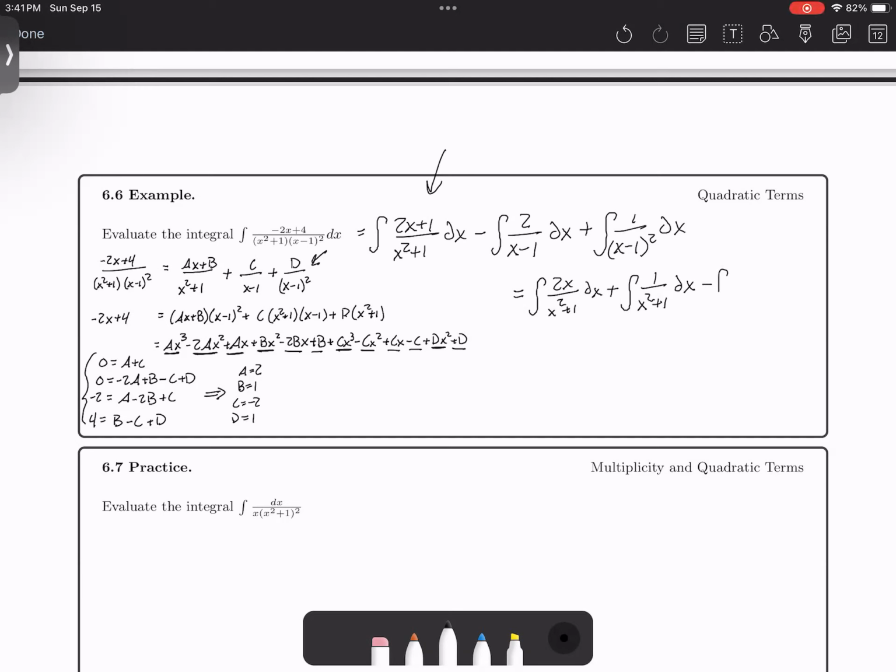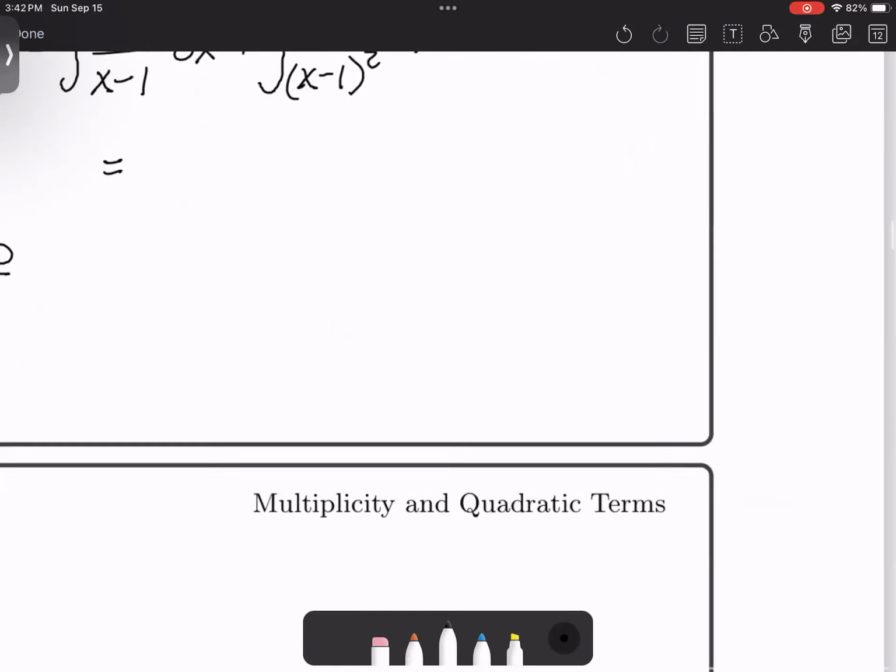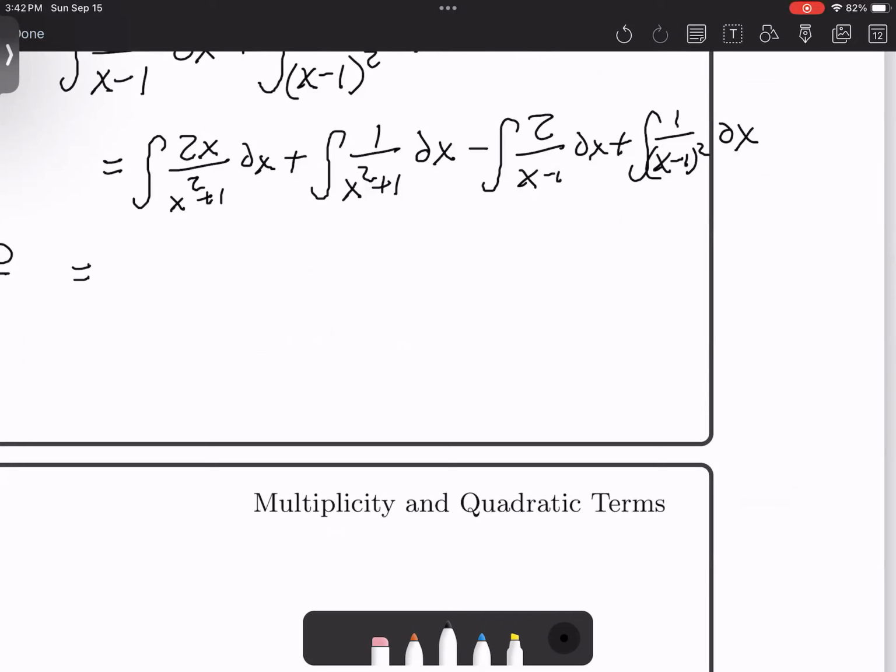And then we'll still have our other integrals. All right, now the first integral will anti-differentiate as a u substitution. This becomes natural log absolute value x squared plus 1.